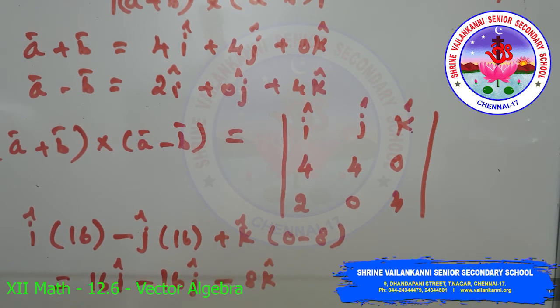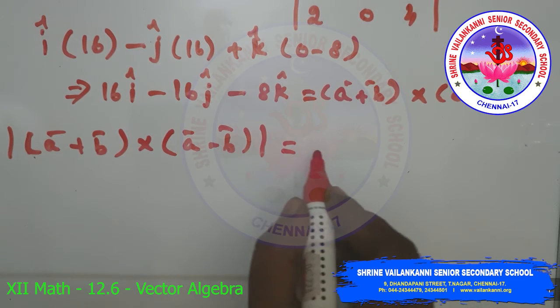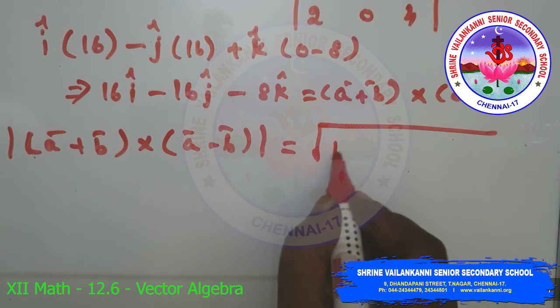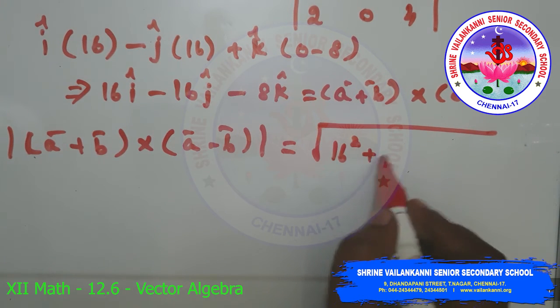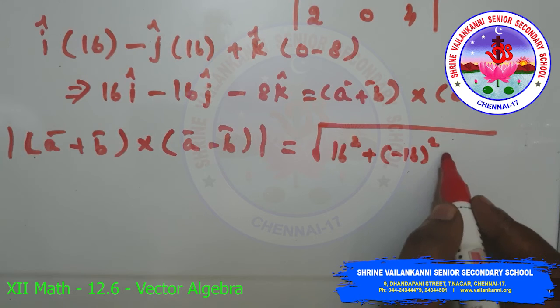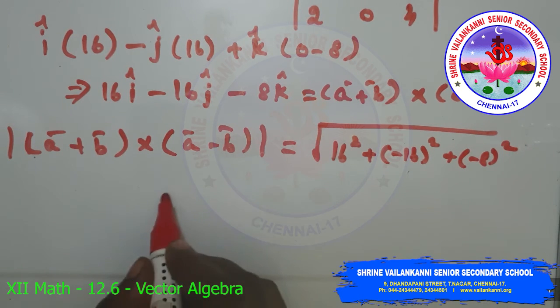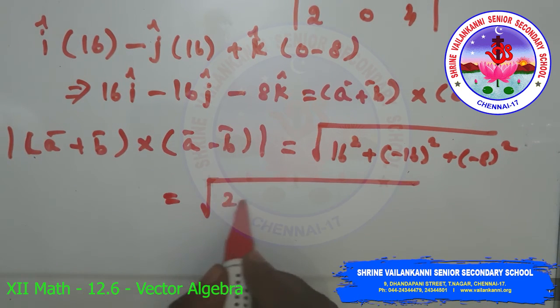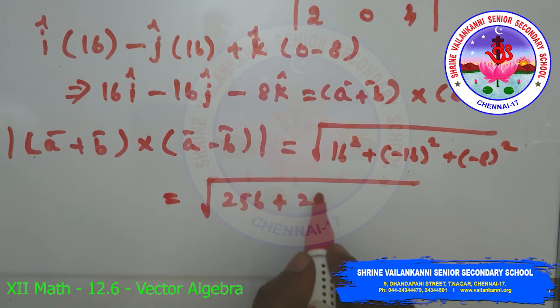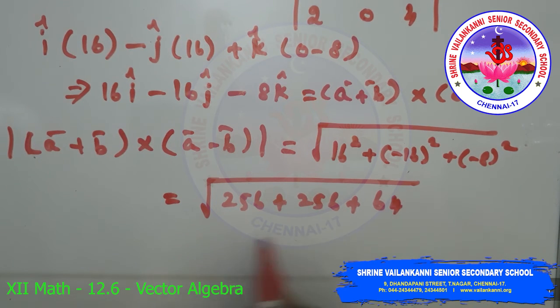Now we have to find the magnitude of this cross product. So magnitude of this is square root of 16 square plus minus 16 square plus minus 8 square, which is root of 256 plus 256 plus 64, which is equal to square root of 576, which is 24.